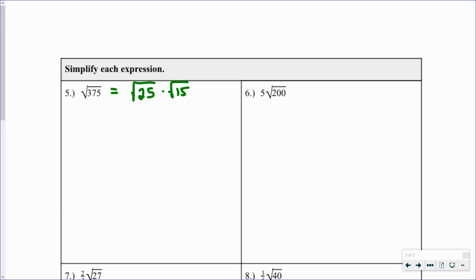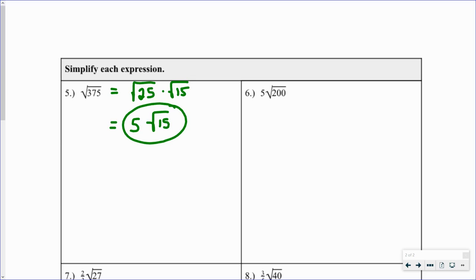The square root of 25 is a perfect square. It's 5, because 5 times 5 equals 25. The square root of 15, the only factors of 15 are 5 and 3, and 15 and 1. So 15 doesn't have any perfect square factors, so we can't simplify that any further. So the final answer here would be 5 times the square root of 15.